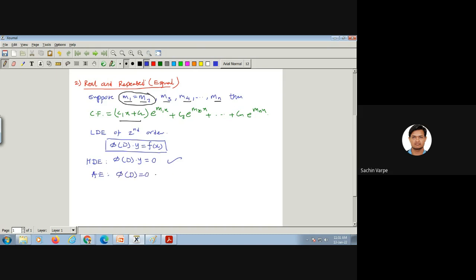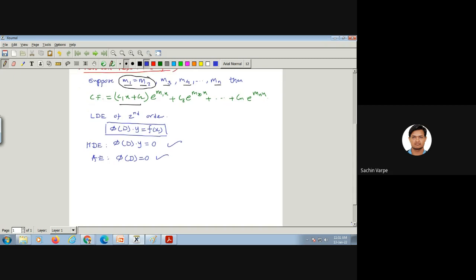तो इसके auxiliary equation को कितने roots होंगे, कोई बता सकता है? How many roots of its auxiliary equation? Two. Exactly, two roots it will have, because we have started with the second order differential equation. So let us suppose those two roots are repeated.